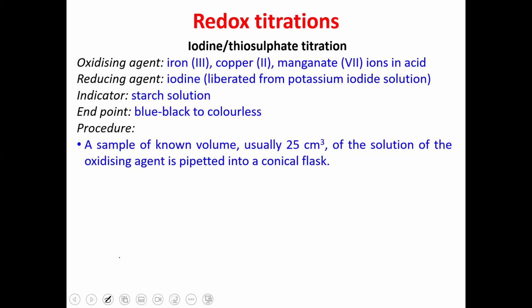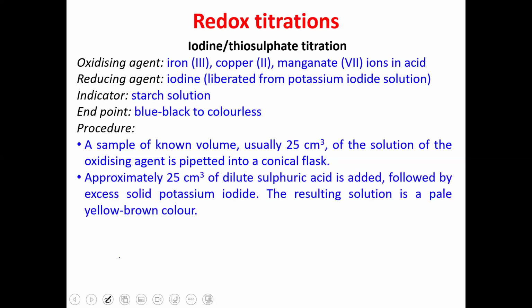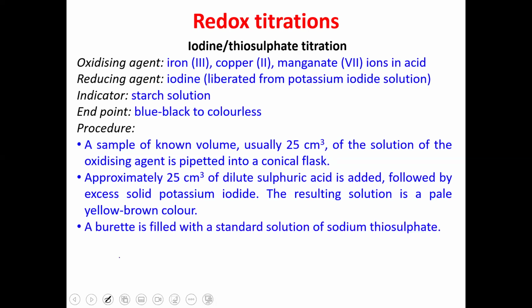Again, this is a typical titration. We take 25 cm cube solution of oxidizing agent through a pipette in a conical flask. Then we add H2SO4 to make it acidified. The burette is filled with standard solution of sodium thiosulfate, S2O3 2 minus.